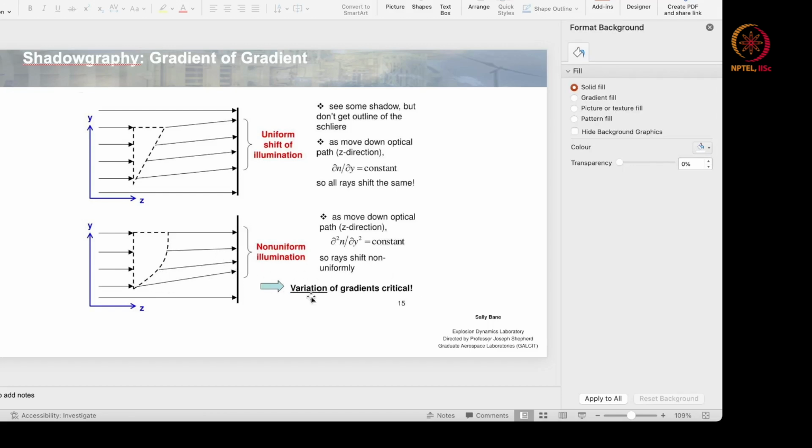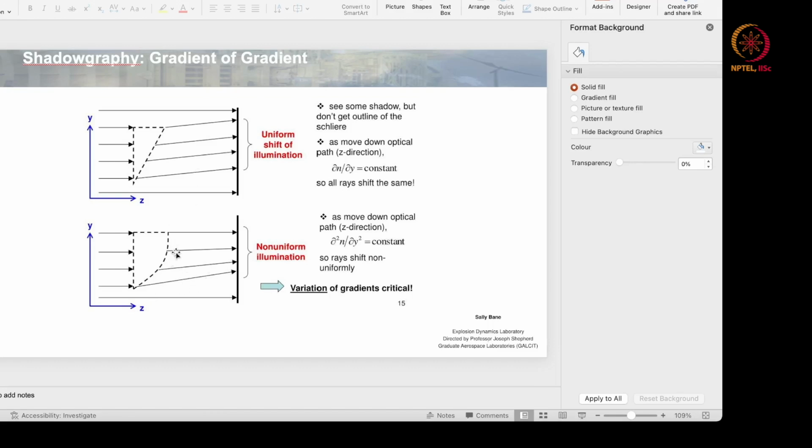So variation of these gradients becomes critical if you want the outline of the Schlieren, which is the purpose of shadowgraphy. You can understand why, if you have a uniform or constant gradient, the rays are all shifted in a very similar fashion. The outline is not very clear. You don't get an outline at all.